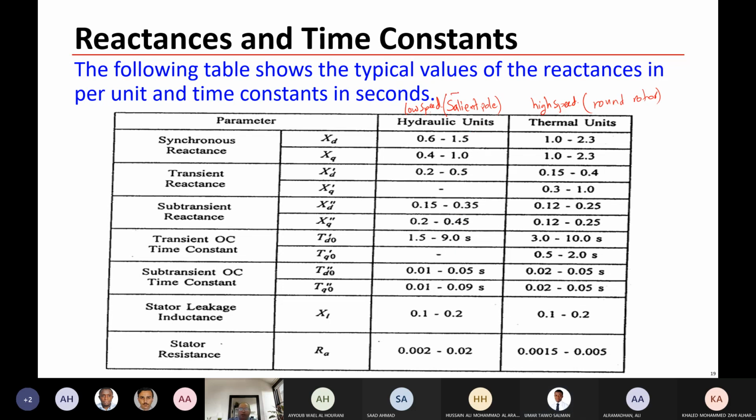The number of poles is very high. Here the number of poles is low, 2 or 4 only. So this is why the synchronous speed is 120 f over P. So you have here 2 or 4 poles for the thermal units.